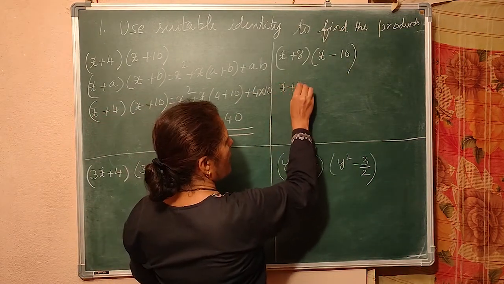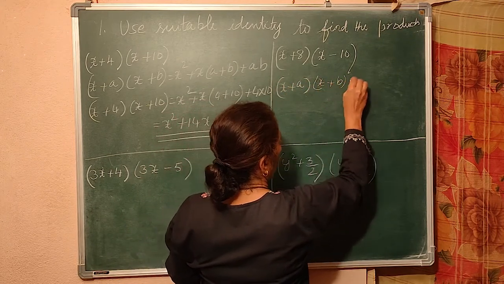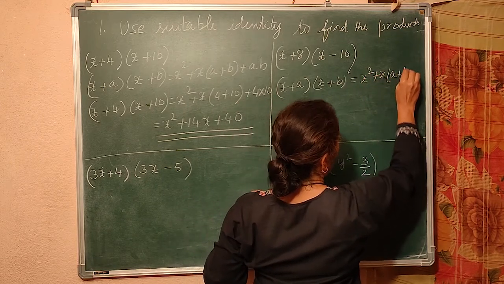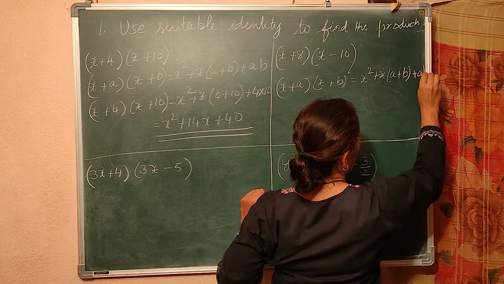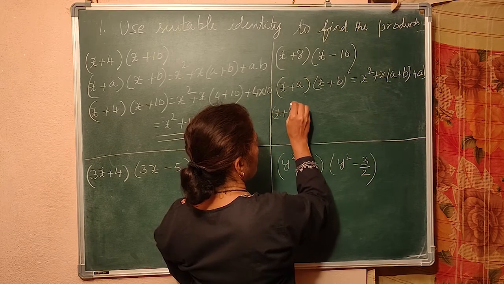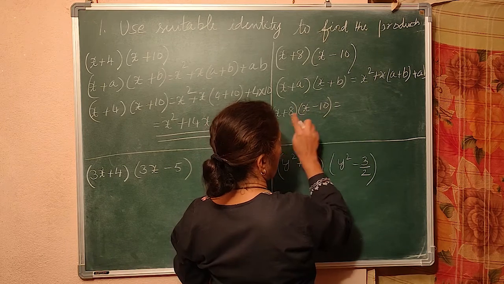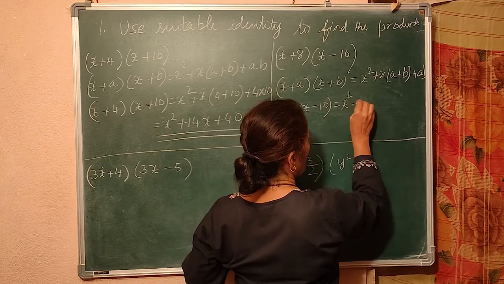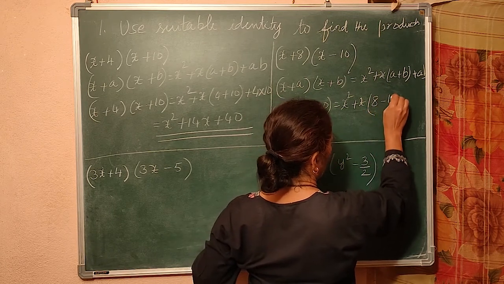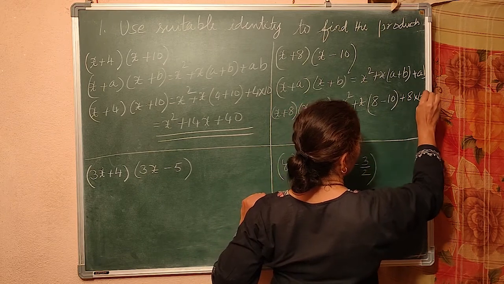(x + a)(x + b) is equal to x square plus x into (a + b) plus ab. So therefore (x + 8)(x - 10) is equal to, in the place of x, x square plus x. In the place of a, 8. In the place of b, minus 10, plus 8 into minus 10.